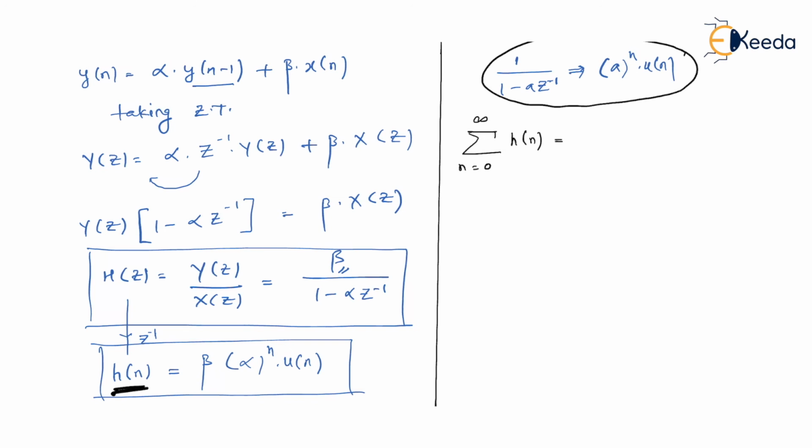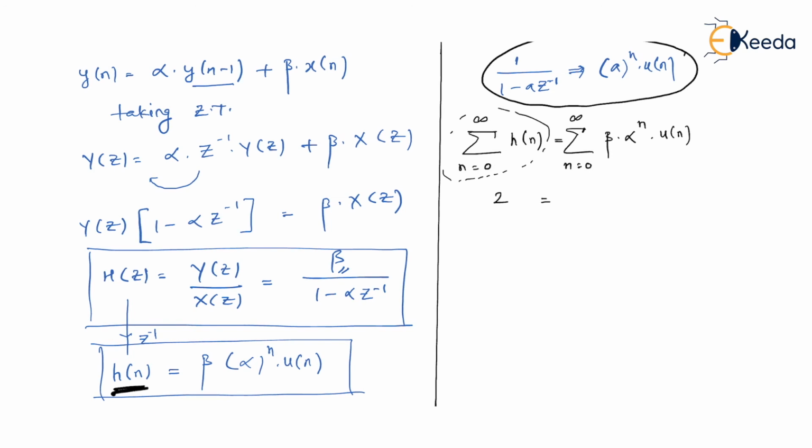So you know what, this is also h(n). So let me take summation from n equal to 0 to infinity, and let me write the expression of h(n) that I have. It is beta times alpha to the power n u(n). Am I right? So this value of the summation of h(n), they have already provided us as 2, and here let us substitute n equal to 0 to infinity.